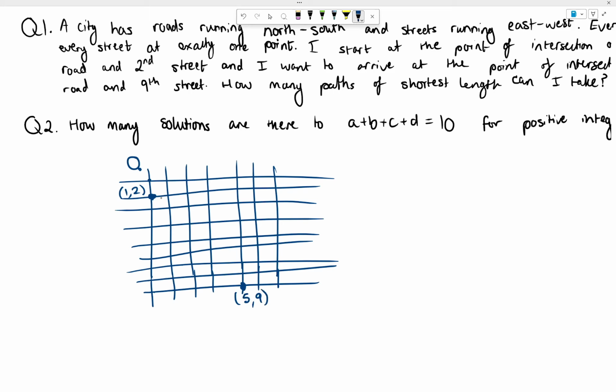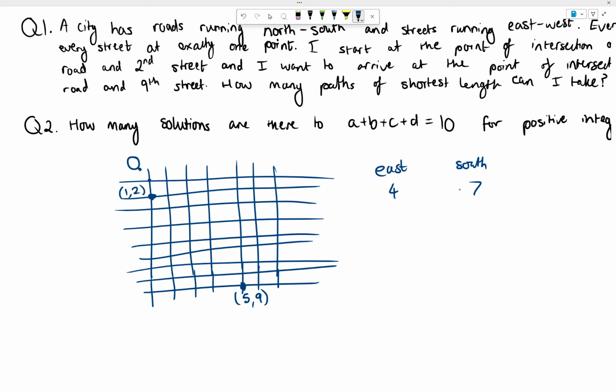So a shortest path will consist of moving right 4 times, or east 4 times, and south by 7 times. Because if we moved in any other direction, we wouldn't have a path of the shortest length anymore.